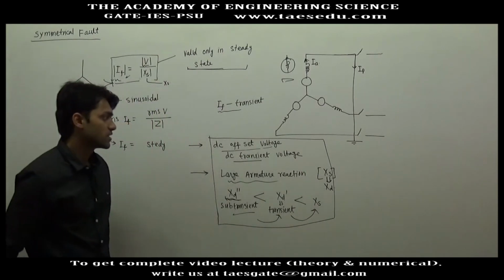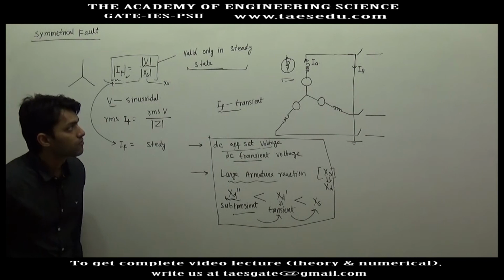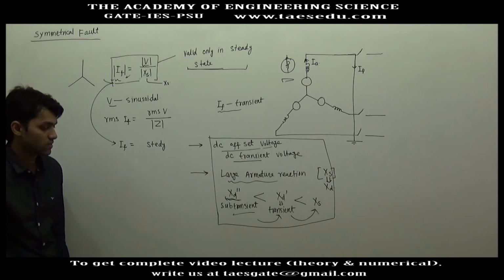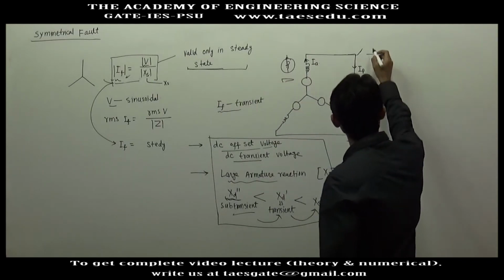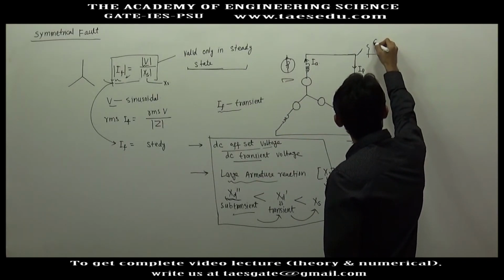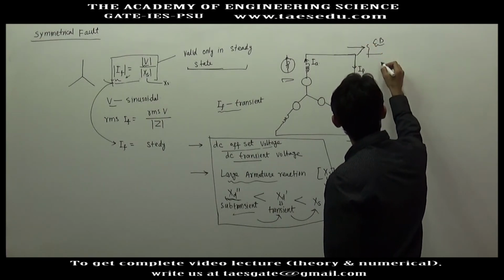So we can say that the fault should be cleared when the fault is in transient, and this fault will be cleared by a circuit breaker. So in that condition, current must be calculated.